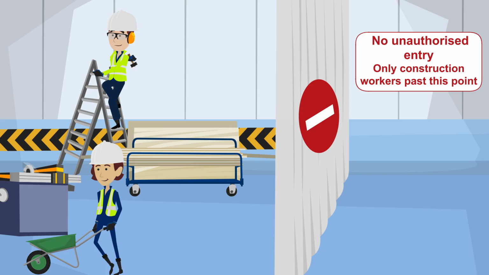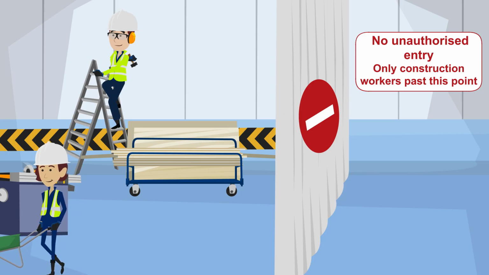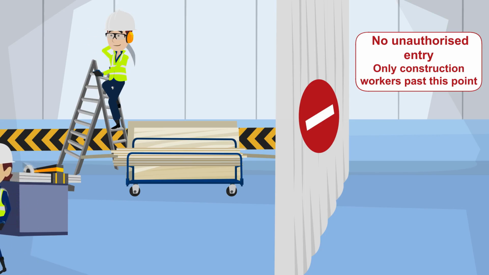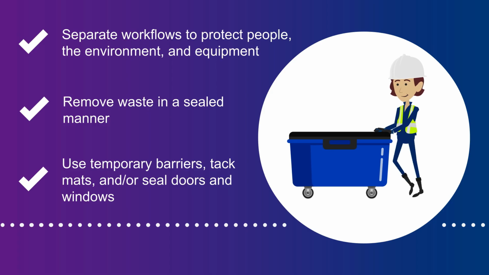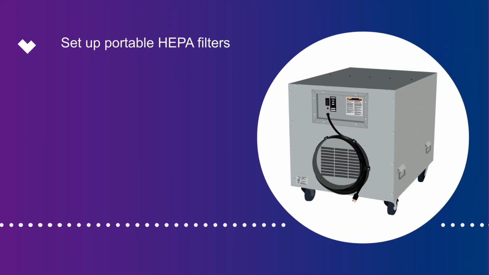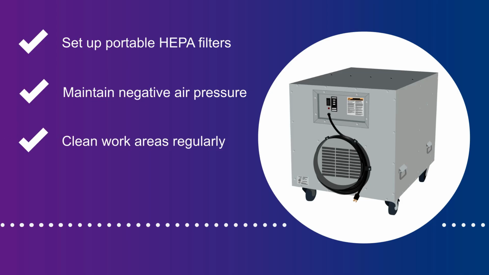Measures that may be implemented within a live healthcare environment to mitigate dust-related hazards include separation of workflows to protect people, the environment and any equipment within it, sealed removal of waste, use of temporary containment barriers, tack mats and/or sealing of doors and windows, use of portable HEPA-filtered air scrubbers or extractors to capture airborne particles during work, maintaining negative air pressure within work zones to prevent dust movement into clinical areas, and regular cleaning of work areas to prevent the spread of dust particles.